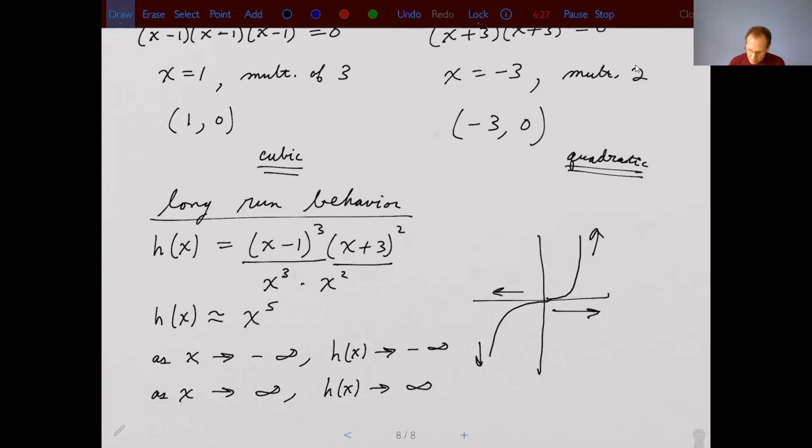Okay, so let me go to a new page and let's see if we can draw this function. And then again, I will plot it on Desmos to make sure that we're correct.